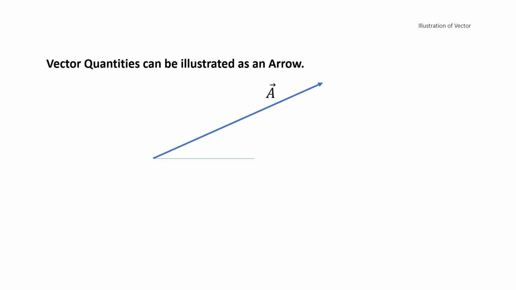Vector quantities can be illustrated as an arrow. An arrow has different parts, and each element represents a characteristic of a vector quantity. An arrow has a tail, head, and length. The tail of the arrow represents the origin of the vector.